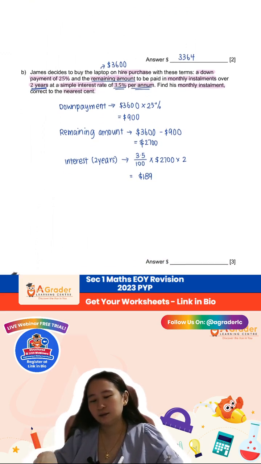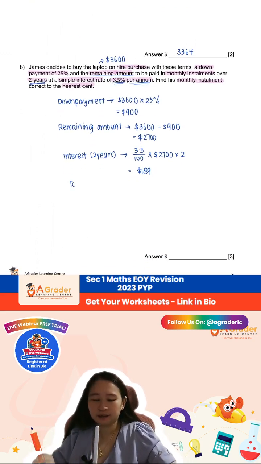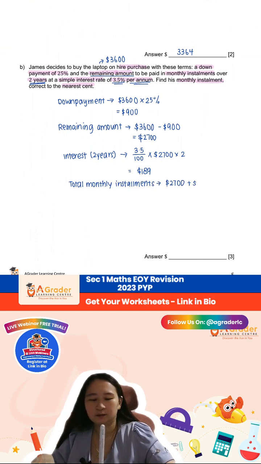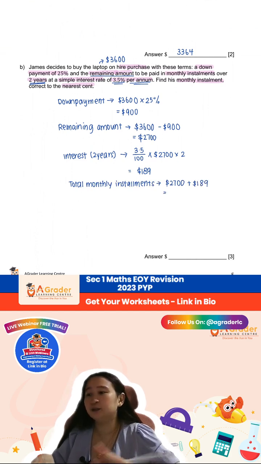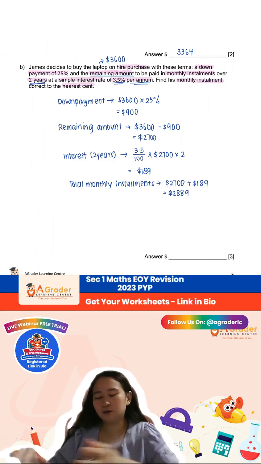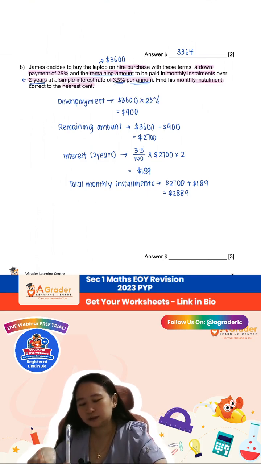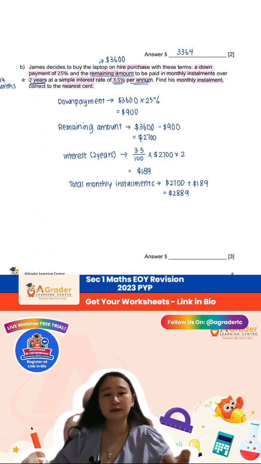Okay. With that, we can find the total amount that you'll be paying over the 2 years. Don't forget to add the principal amount, 2,700. Then add the interest. This amount is paid in monthly installments for 2 years, which is 24 months, because there are 24 months in 2 years.